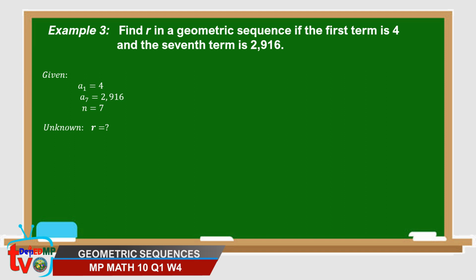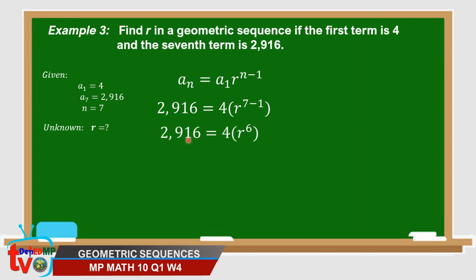Let us now replace the variables in the formula with the identified values. We have a sub n, which is 2916, and a sub 1, which is 4, and n, which is 7. Next is to subtract the exponents of r. So we have 2916 is equal to 4 times r raised to 6.